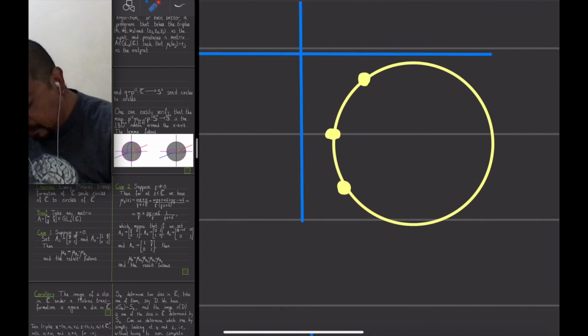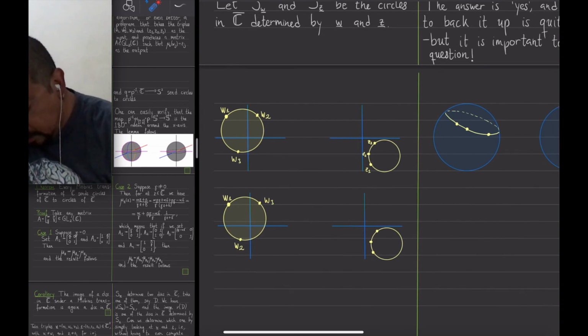Let's say here Z1, Z2 here, Z3. Well, what should be the image of this disk? Of course, it has to be the disk that, when I do the same for this circle, is oriented clockwise.